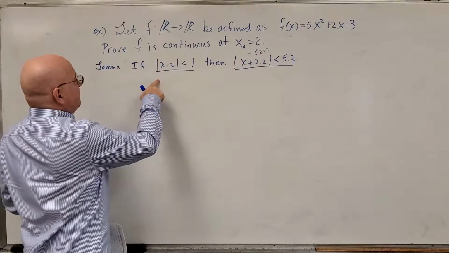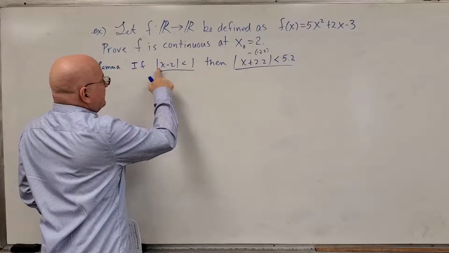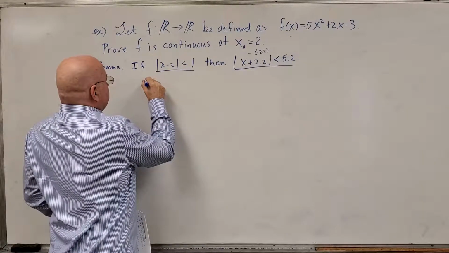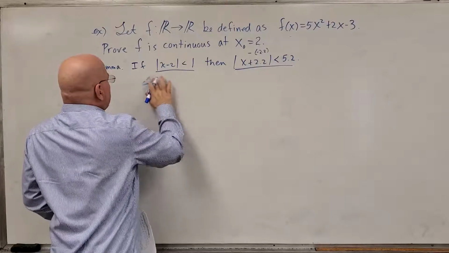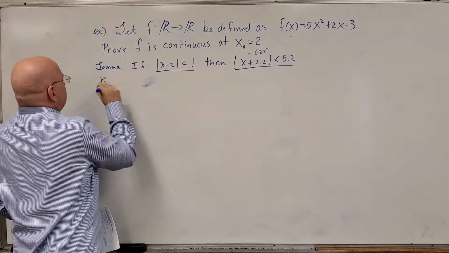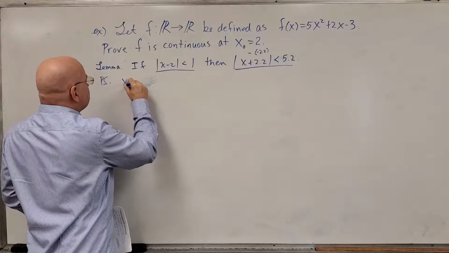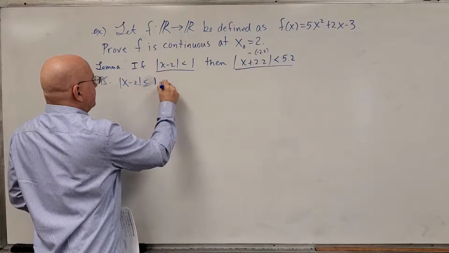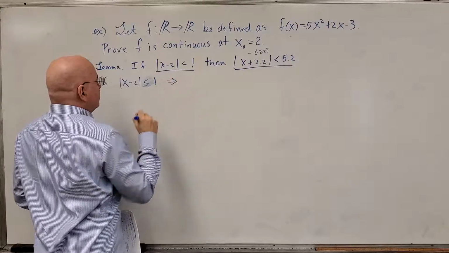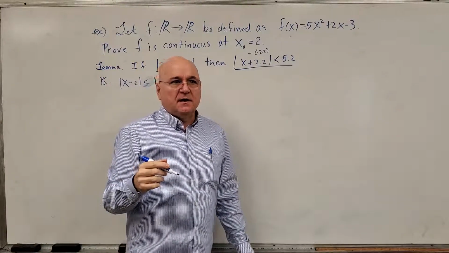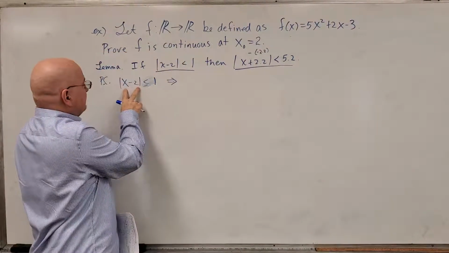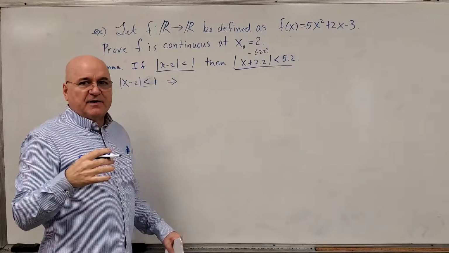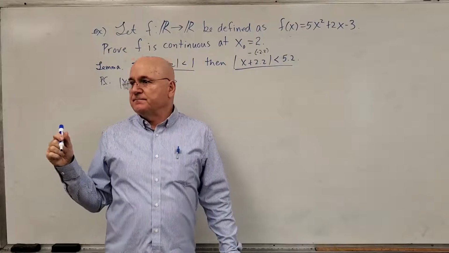Well, let's prove this lemma. All right, so we assume this is true to show that this is true. So maybe I'll put proof here. Proof of the lemma. |x - 2| < 1 implies what? What is the definition of this absolute value inequality? What's another way of writing it without the absolute values?